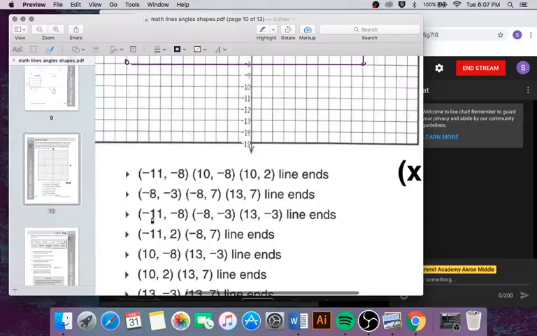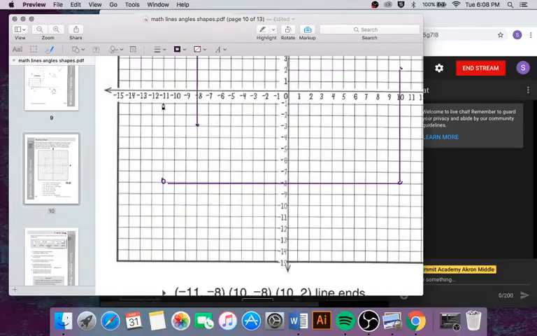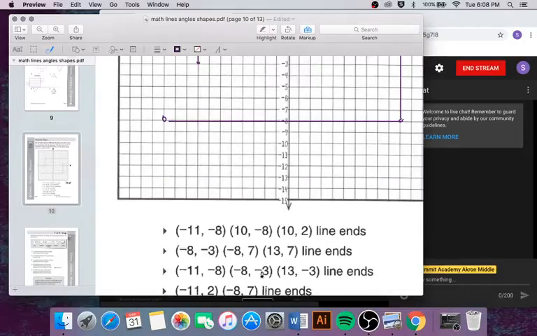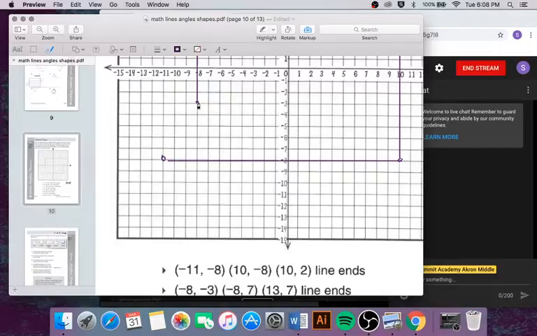Our next one is -11, -8. So we're going to go over to -11 and down to -8. We already have a point there. And we're going to do -8, -3. So we're going to go over to -8 and down to -3.